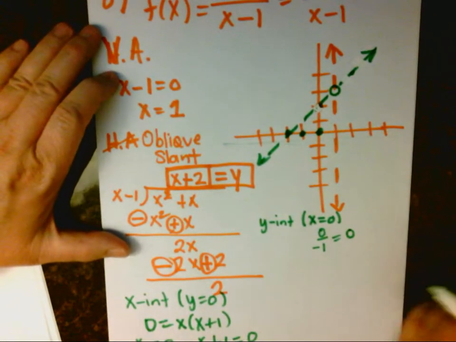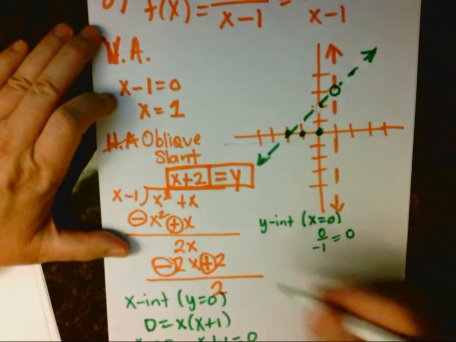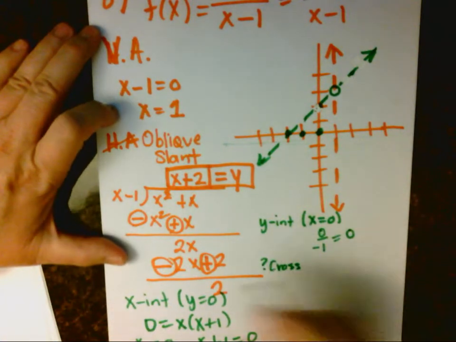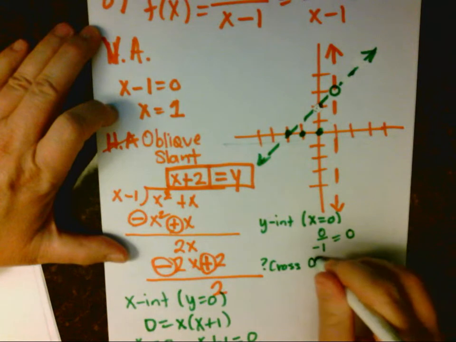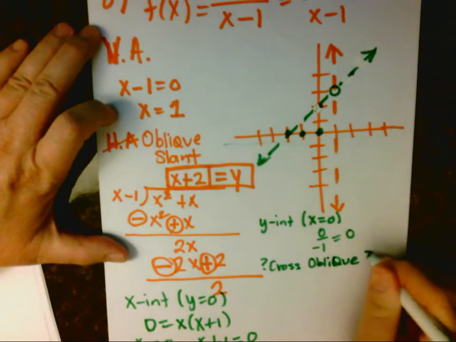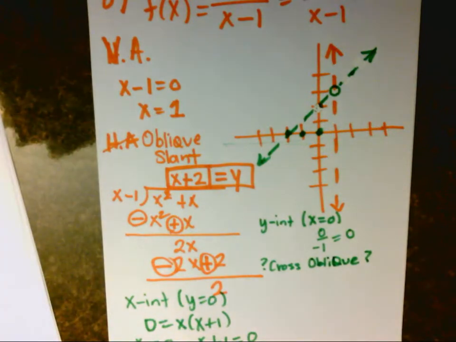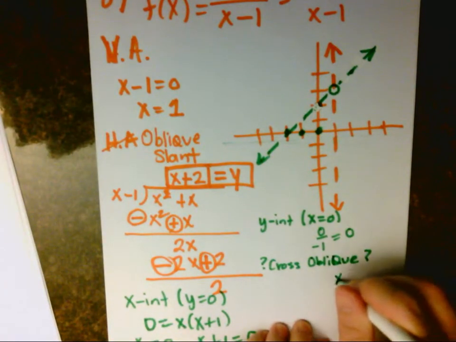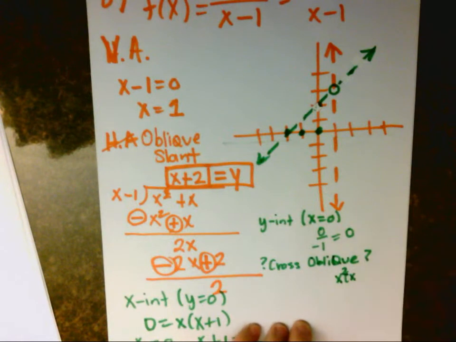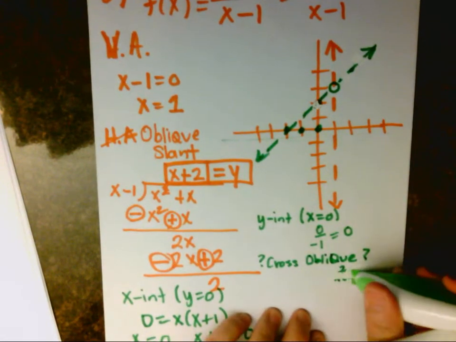And then the last thing we have to check for before we put the graph here is, does it cross the horizontal asymptote? In this case, it's the oblique. Does it cross the oblique asymptote? In other words, does this graph of x squared, let me fix that, let's do it in unfactored form.